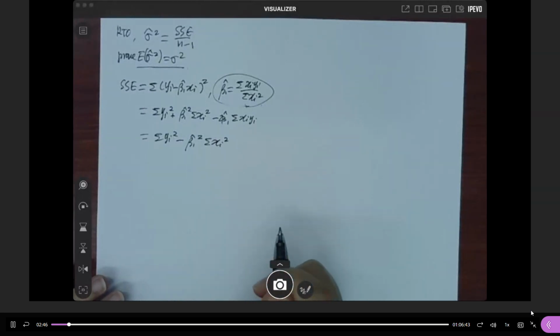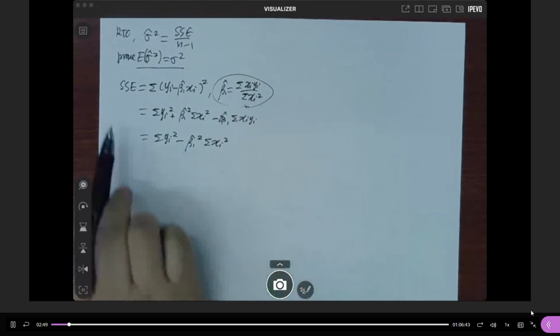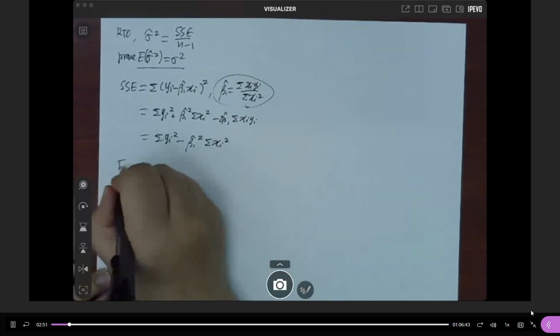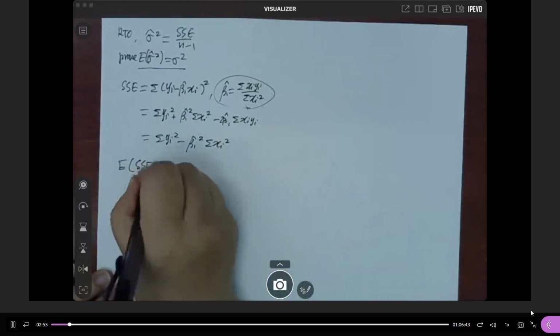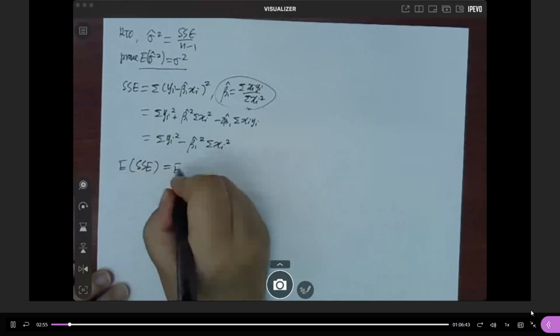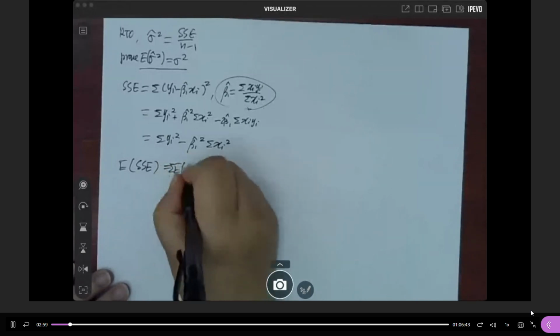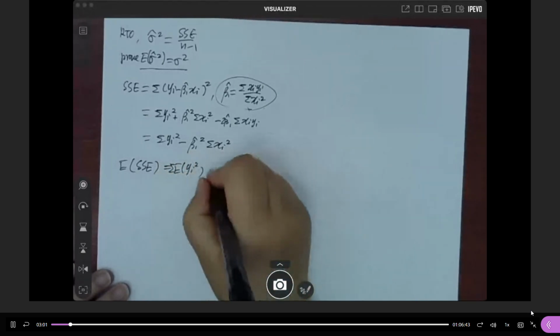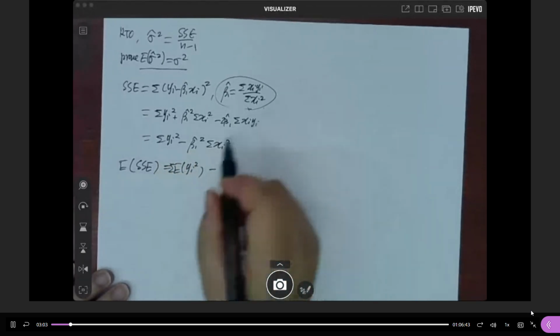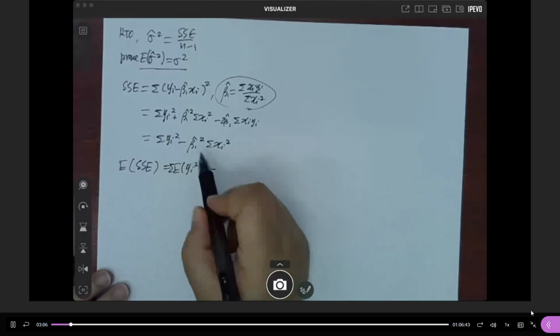If there's no question, then we apply the E. You first look at the E of SSE. This is the E of, you take out the summation, right? Summation E of yi squared minus, you cannot take beta 1 hat squared out of E because it's also a random variable.